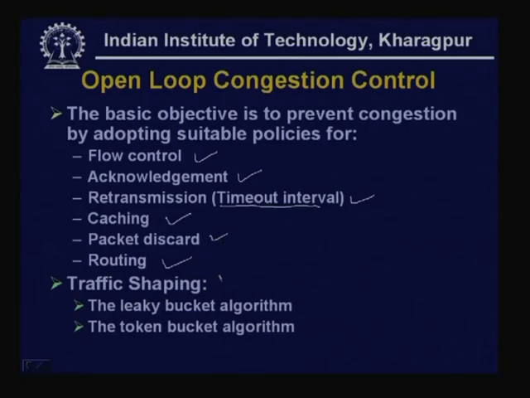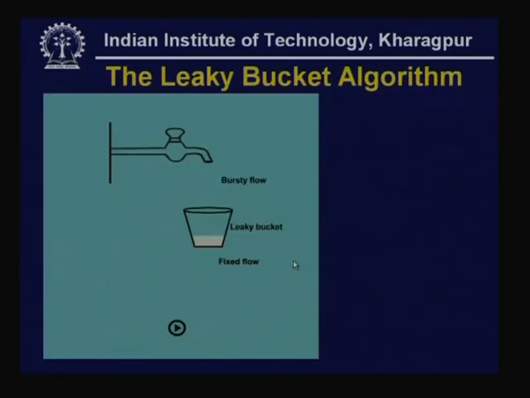Now, let us consider two important techniques of open loop control. One is the leaky bucket algorithm, another is the token bucket algorithm. Here what is being done is some kind of traffic shaping so that the network is not congested.